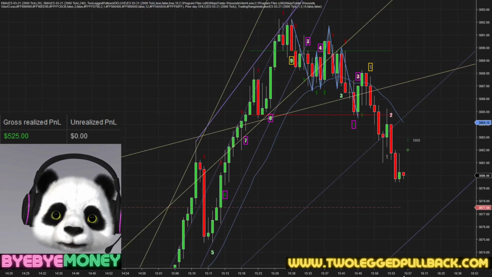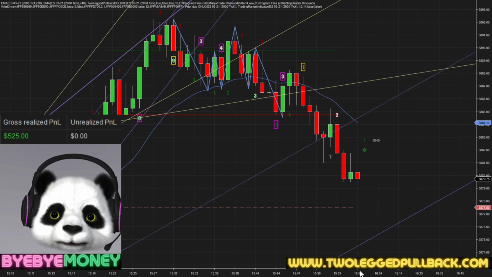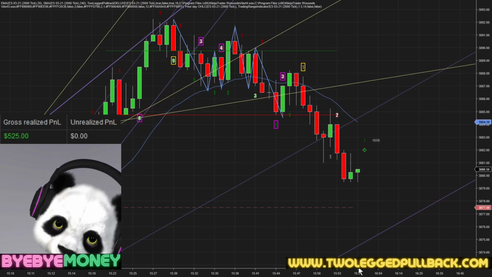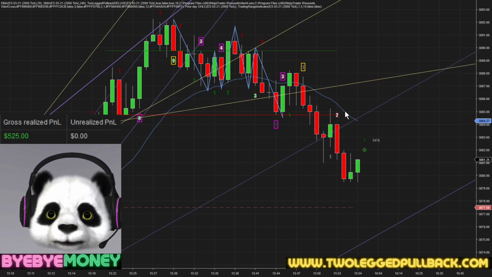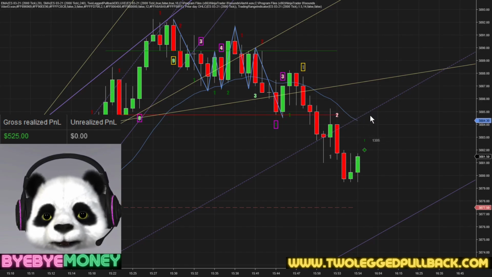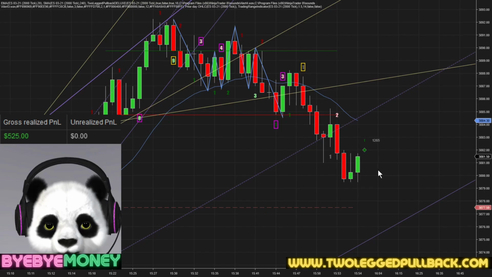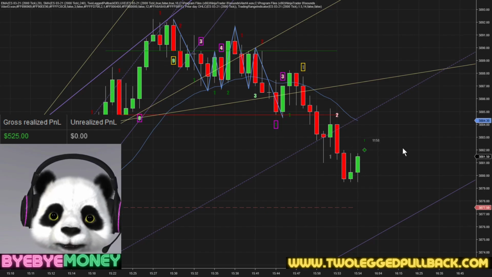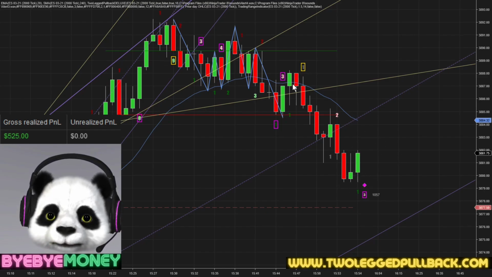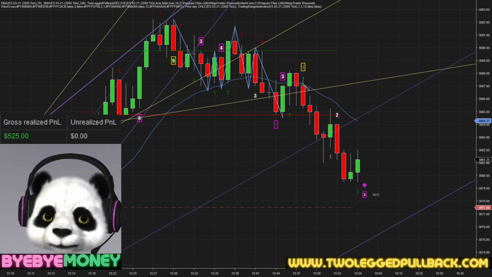Let's think here. What do we got? What do we have? I would like a two-legged pullback either to the bottom of this trading range or to the 20 EMA. This is a first or second entry here. As you can see, two-legged pullback here, but not interested in this second entry.